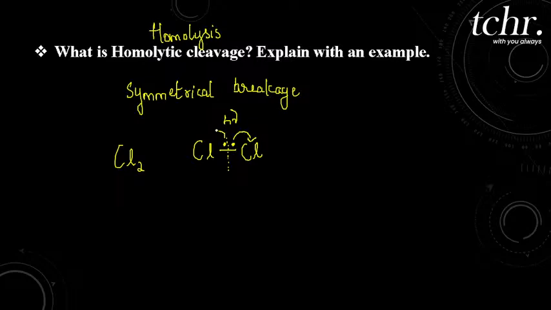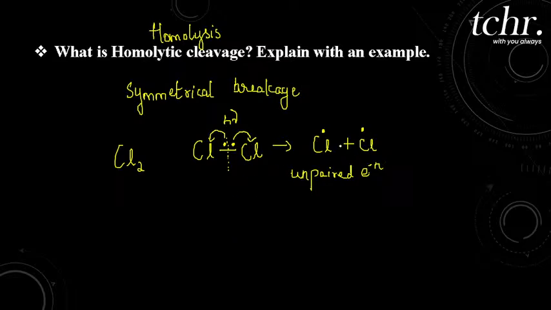After breaking, one Cl gets one electron and the other Cl gets one electron, that is an unpaired electron. Is that clear? So this way of breaking of the bond is known as homolytic cleavage: symmetrical breakage of the bond so that each fragment gets one electron.